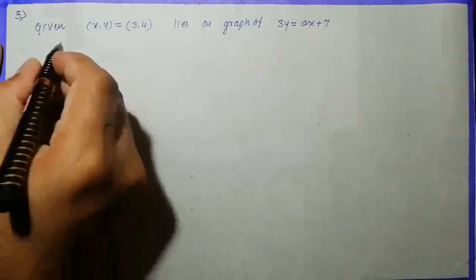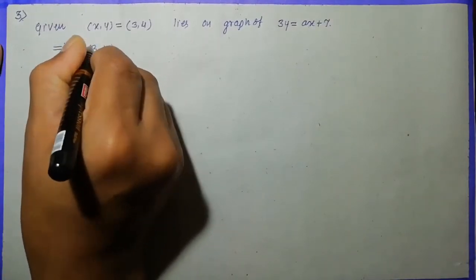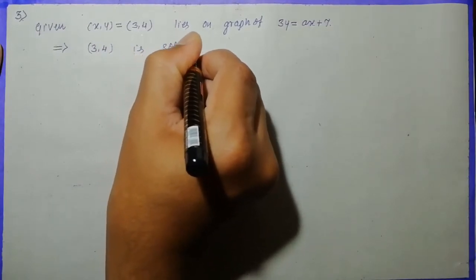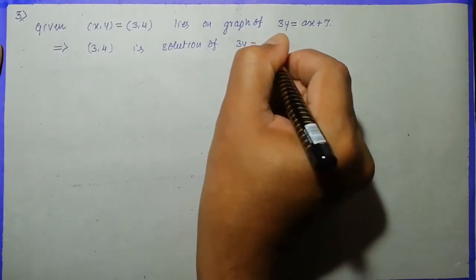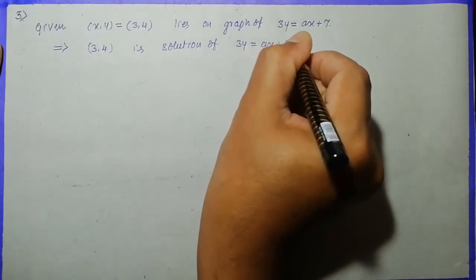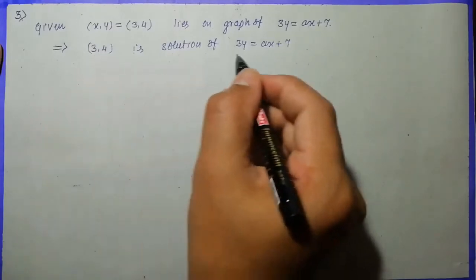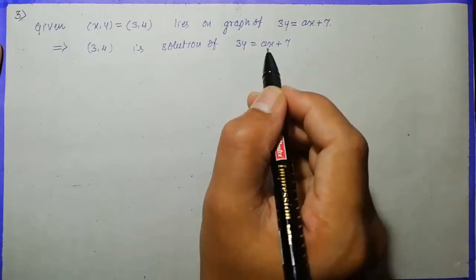So I'm going to write down here: this implies 3 comma 4 is a solution of 3y is equal to ax plus 7. Now x is equal to 3, y is equal to 4. If you substitute the values of x and y here, this equation must be satisfied.